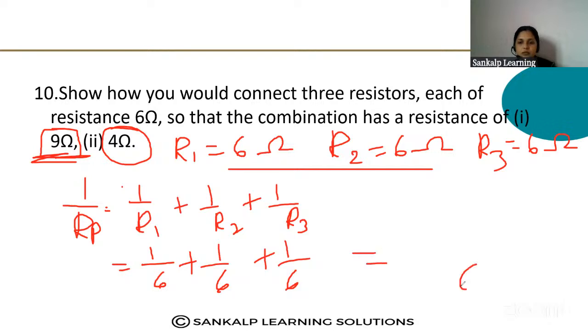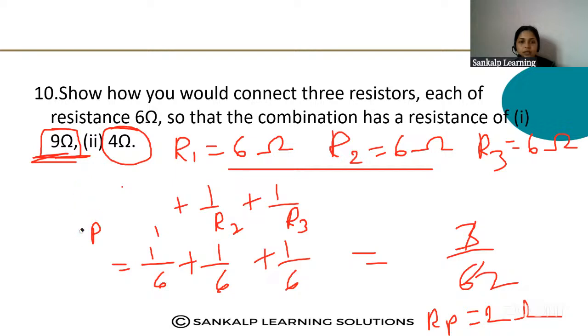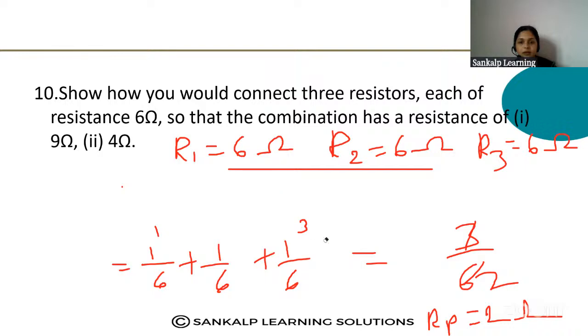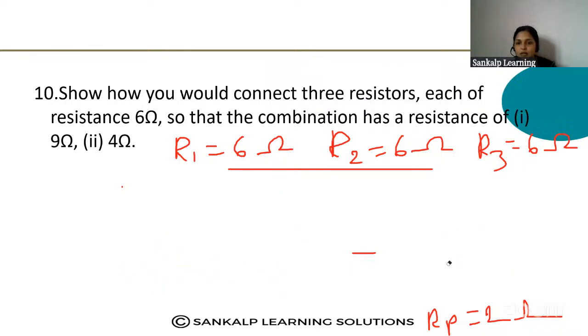So here 6 divided by 3, 3 twos are 6, Rp is equal to 2 ohm. So the total resistance when all three are connected in parallel will be 2 ohm, which is also not correct. So then what we have to make? We have to make a combination of both series and parallel connection.